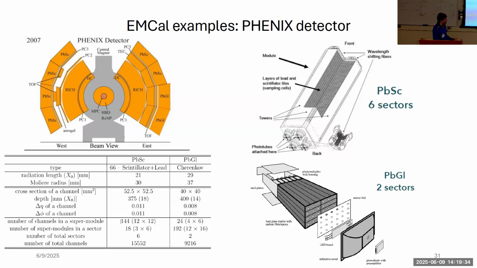One was STAR, which is more like a 4 pi detector. PHENIX was well designed for detecting electromagnetic probes. So they were looking for a certain kind of physics that allowed them to build very high resolution detectors for electromagnetic probes in certain acceptances. All right, thank you.